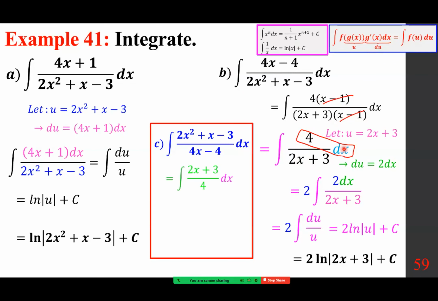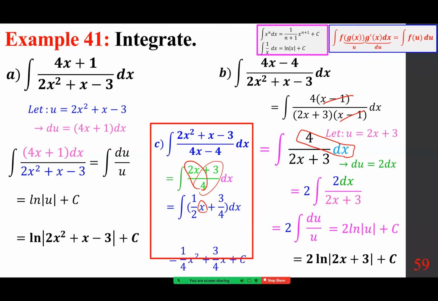I'm assuming you can follow the math. Now I make up 2 fractions, meaning half of x here, 3/4 here. There is no need for a substitution. As you know, x gives you half of x squared times 1/2, which is 1/4 x squared, plus 3/4 x plus a constant, and you're done.